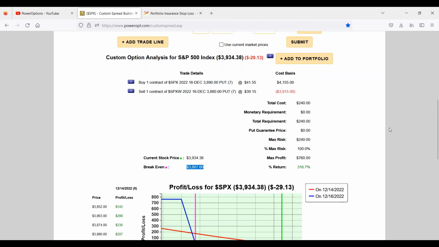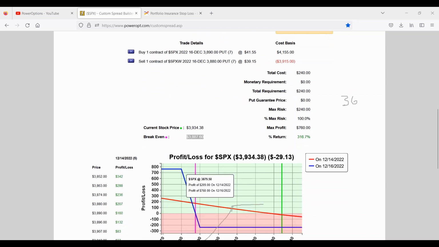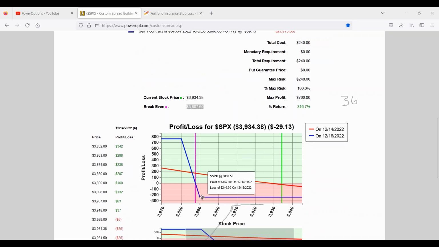Now, what's the difference between the two? On the credit spread, we took an initial net credit on the bull put, 36 cents. It was a little bit higher than that, a couple dollars. And if the stock stayed above the strike price that we wanted here, both puts would have expired worthless. We would have kept the net credit if we stayed above 38.90.